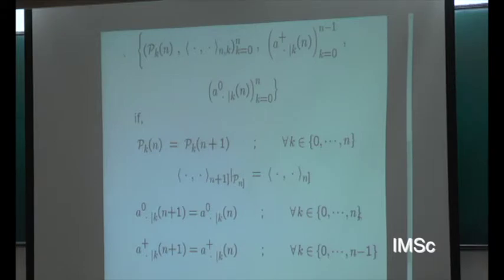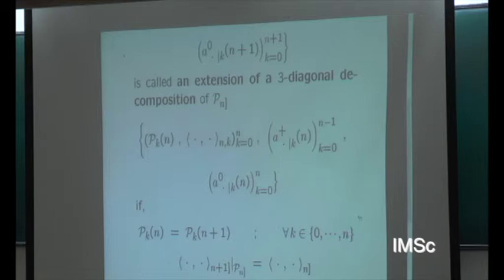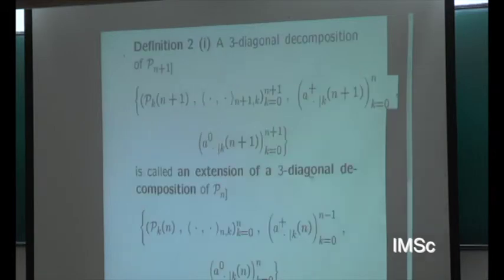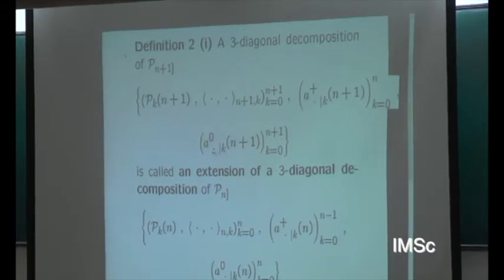So from this you see that essentially what I need to go from this three-diagonal decomposition to this one is the innovation, the new information I need. From this definition you see that the new information is only at the n plus 1 level. So it is one operator H which is self-adjoint. In fact, d operators, because there is one for each element of the basis.